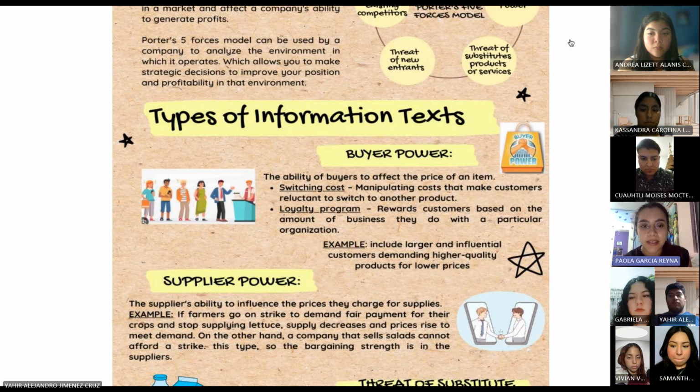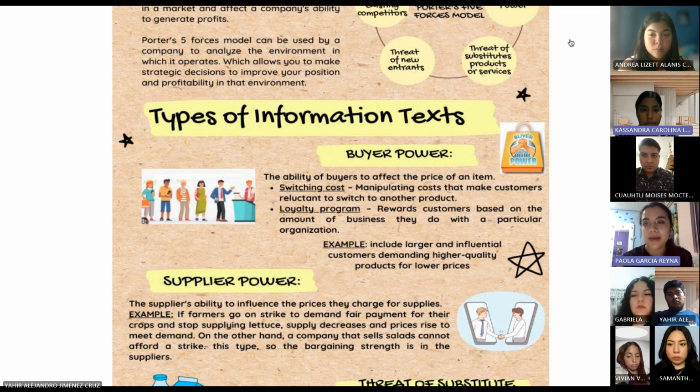The other type is called loyalty program, which means when the company rewards customers based on the amount of business they do. You can see it everywhere, but an example can be when you buy shoes, specifically from the company Nike.